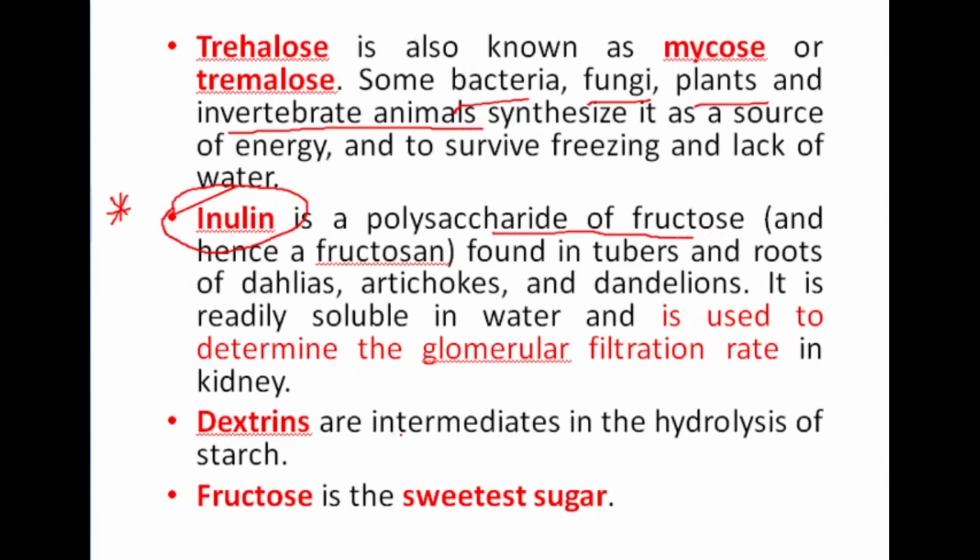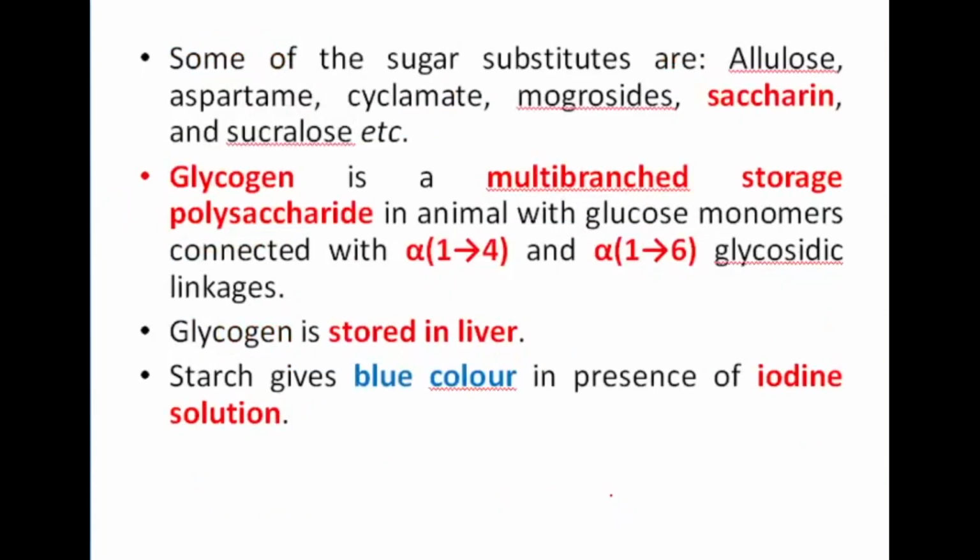Then dextrins are intermediates in the hydrolysis of starch. Then fructose is the sweetest sugar. This point is also very important for the entrance exam. Then we have some sugar substitutes, and these are allulose, aspartame, cyclamate, mogroside, saccharin, sucralose, etc. Out of these many names, the name of saccharin is important.